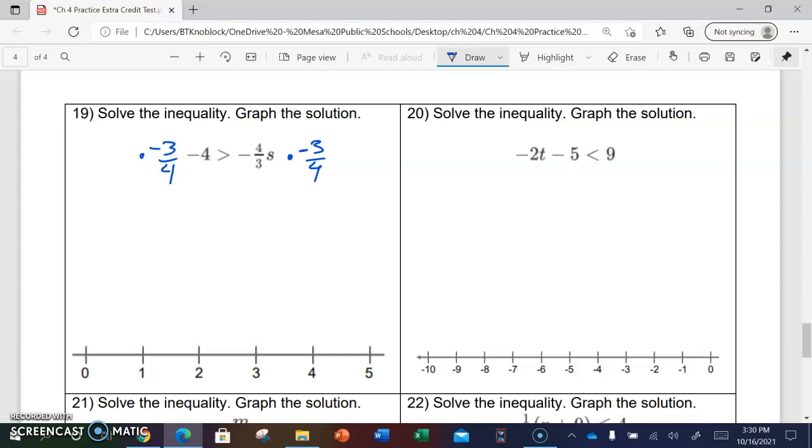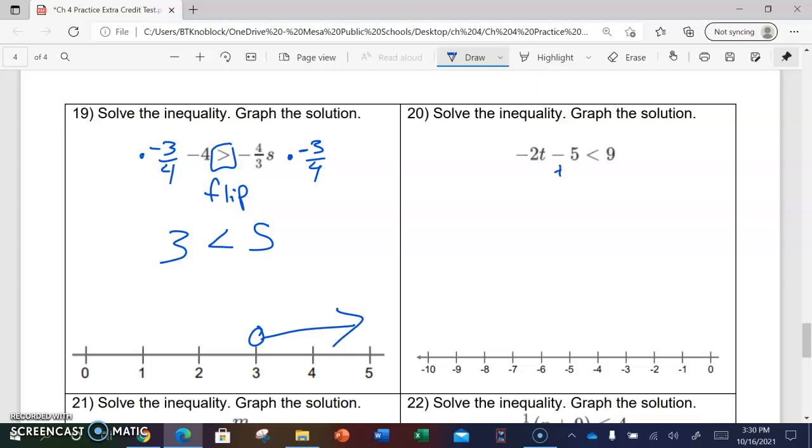Since I'm multiplying by a negative, you have to flip your sign. So that's going to be the less than symbol. Negative 3/4 times negative 4 is 3. And s. So 3 is less than s, so here's the 3. And since 3 is smaller than s, that's the greater than.